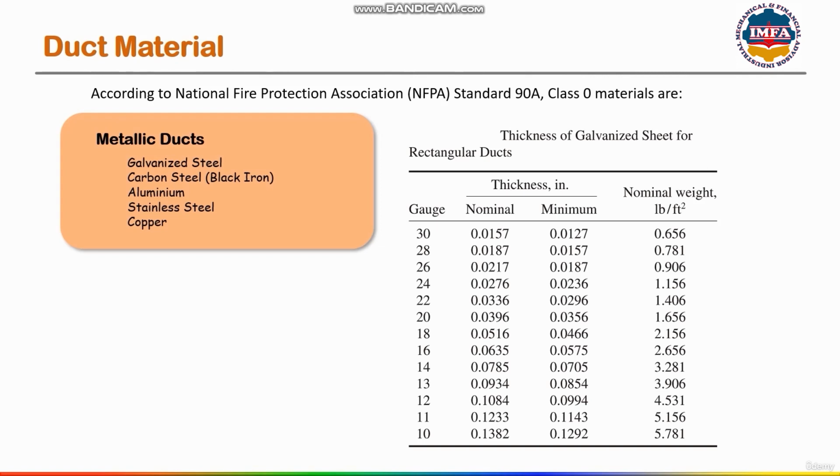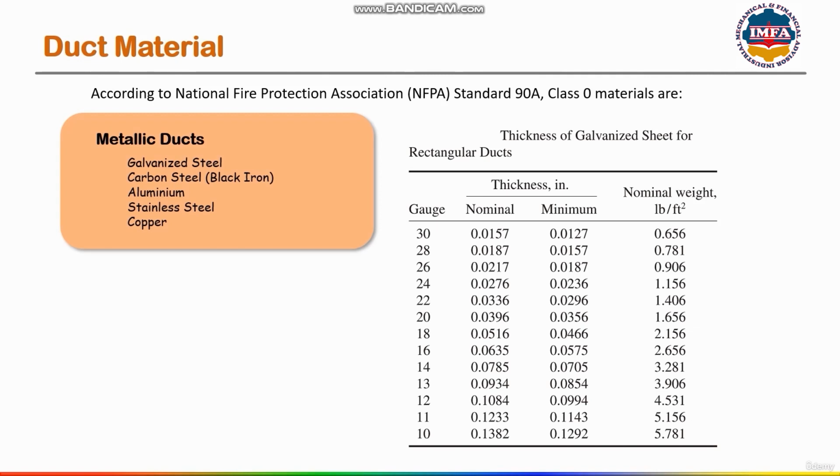Alright, lastly, we need to discuss the gauge. The gauge is a representation of the thickness of metallic sheets. Starting from 30, the value goes down. So don't think that if the value of gauge decreases, the thickness will also decrease. It doesn't work like that. Instead, it works the opposite way.